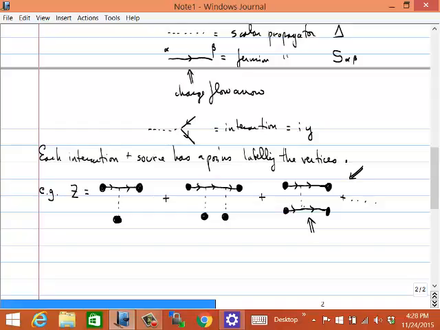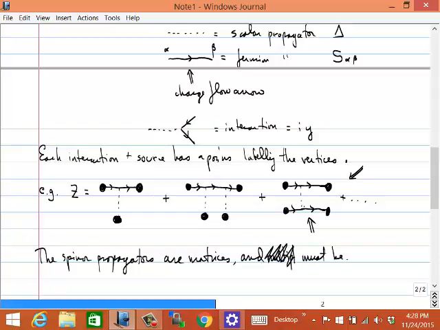Now, it's important to note that the spinor propagators are matrices. And they must be multiplied in an order which reflects how the fermion lines are arranged in a diagram.